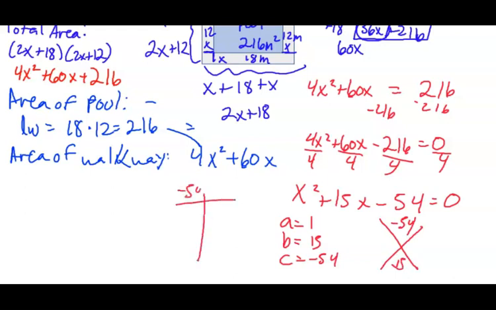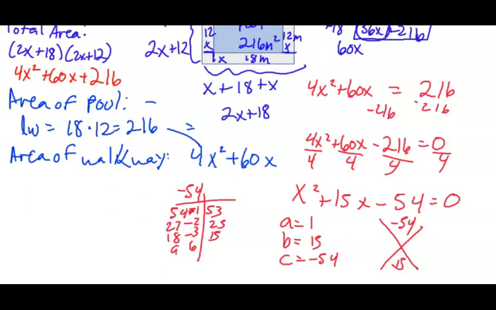Let's write the factor pairs of 54. See, 54 divided by 2, 54 divided by 3.